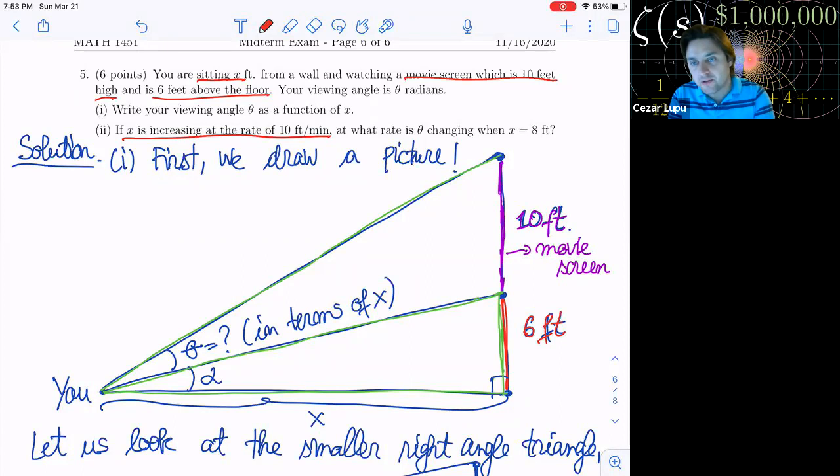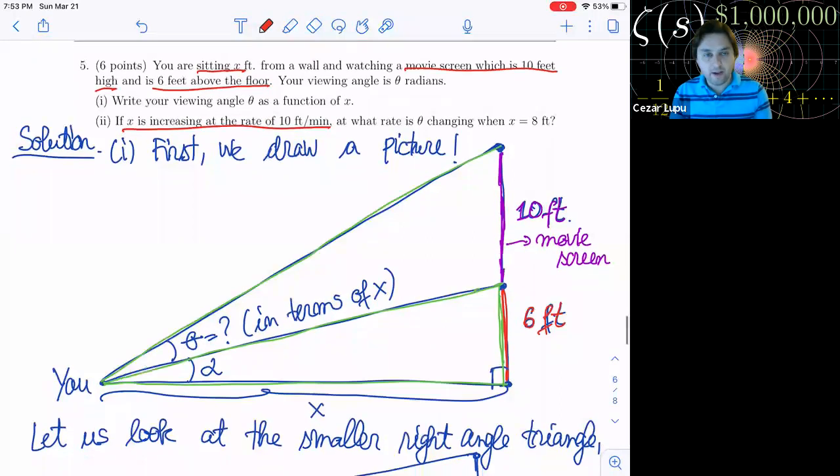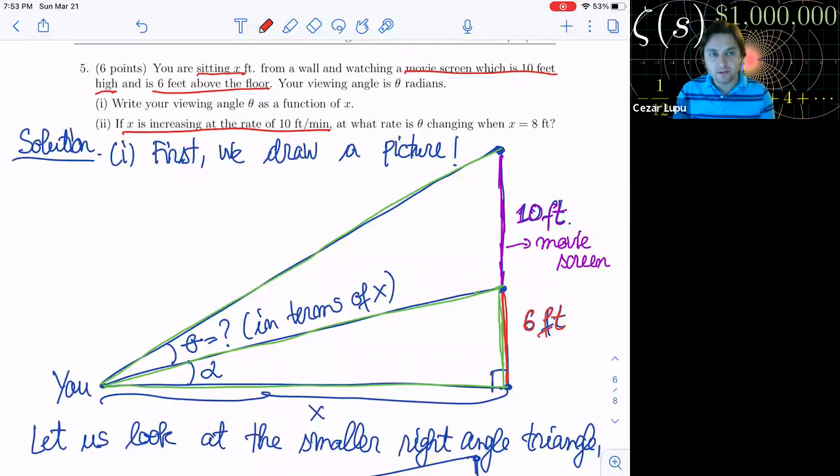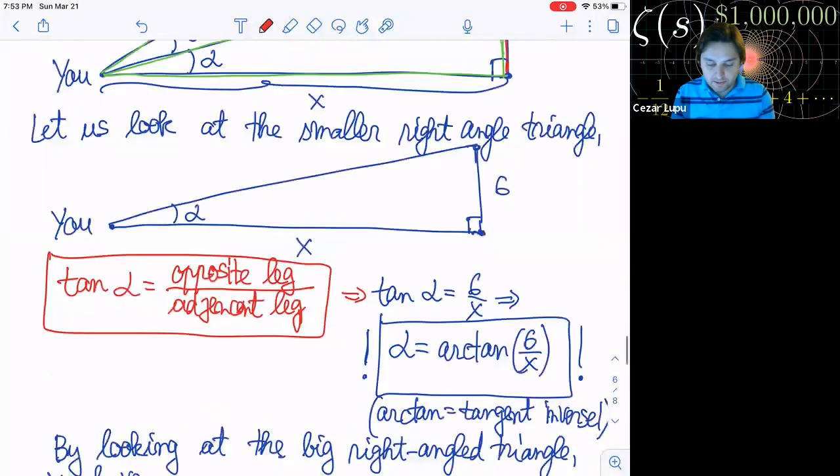What does this mean? How can we translate this? It is the derivative of x with respect to t, right? Because we have minutes there, so it's with respect to time. It is 10 feet per minute, so let's see.